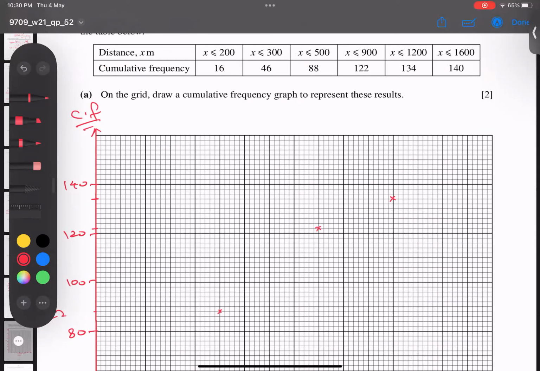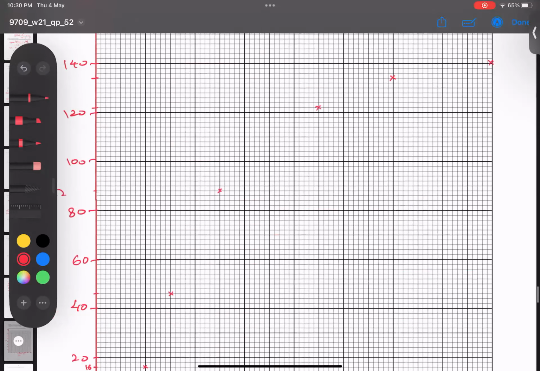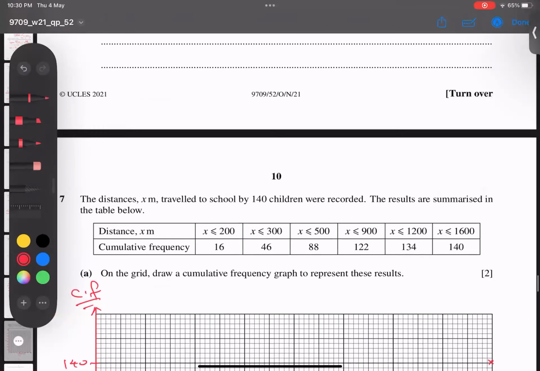Let me check again. Finally, last is 1600 and 140, it is here, so this point. Let me recheck. Yes, correct.